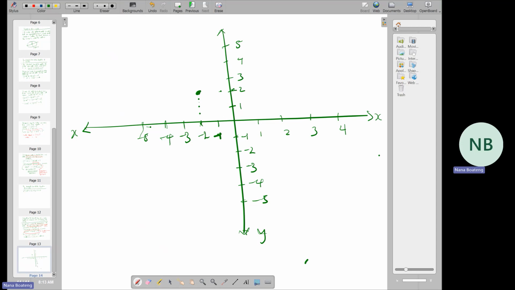So the radius is 3 from negative 2 to this point, about 1, a distance of 3. From negative 2 to negative 5 is about a radius of 3 again.